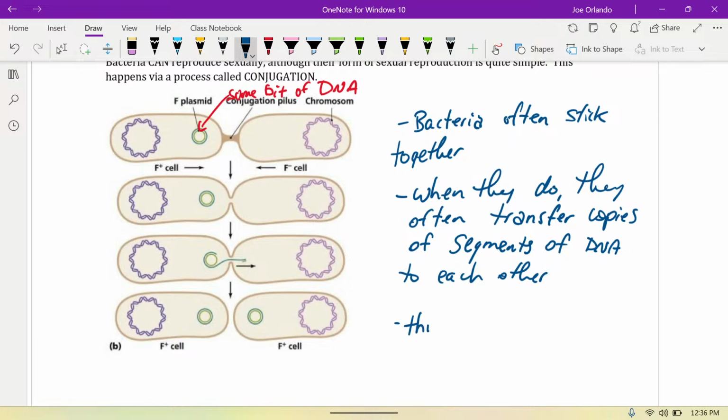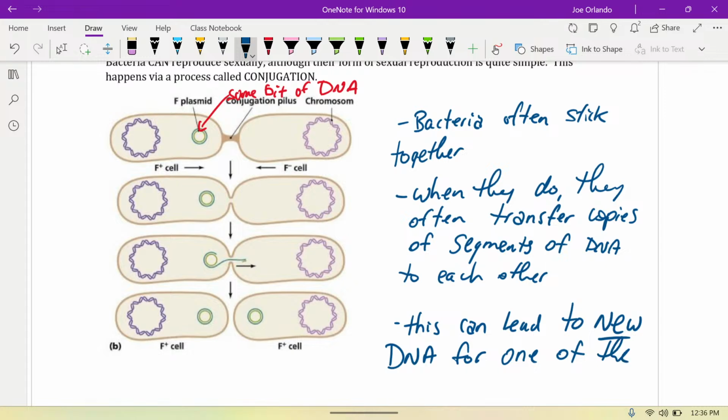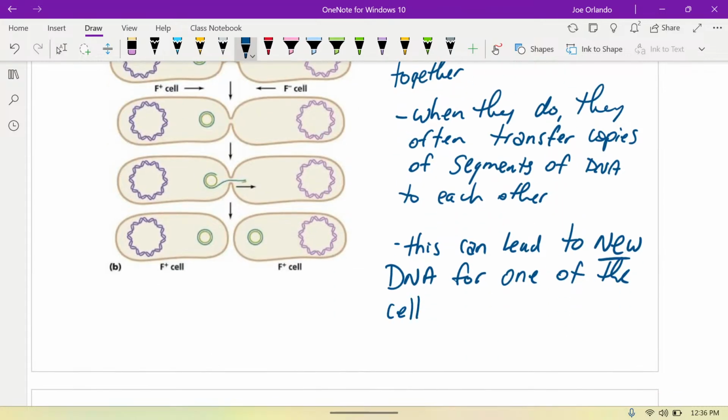So this can lead to new DNA for one of the cells, which means new traits. This is also dangerous.